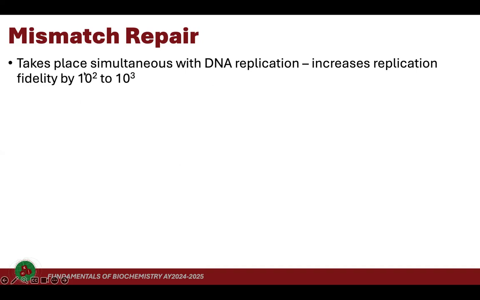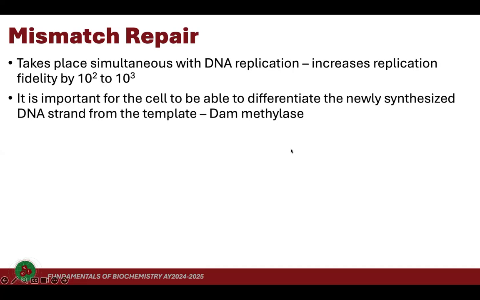Okay, so since this is taking place simultaneously with DNA replication, it is the DNA polymerase 3 itself that performs the repair. Okay, but you need other enzymes with your DNA polymerase 3.